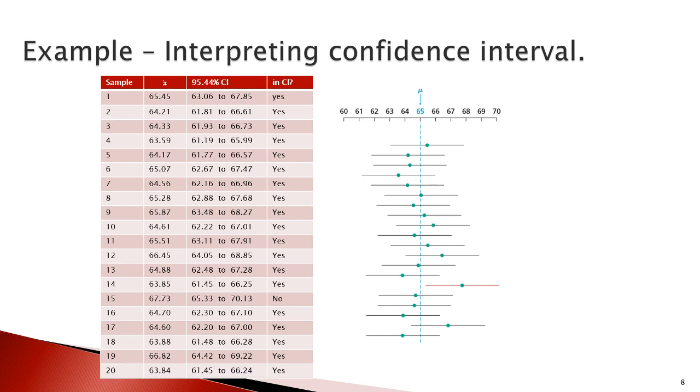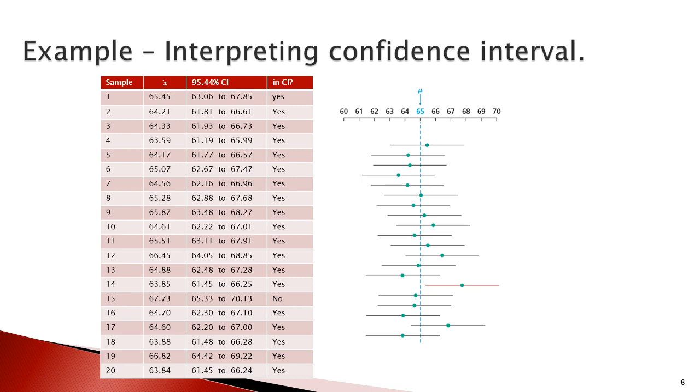The last column indicates yes if the population mean is within the confidence interval of the respective sample, and no if it is not. As you can see, there is only one no here. It's because this interval doesn't include 65, as it is from 65.33 to 70.13.